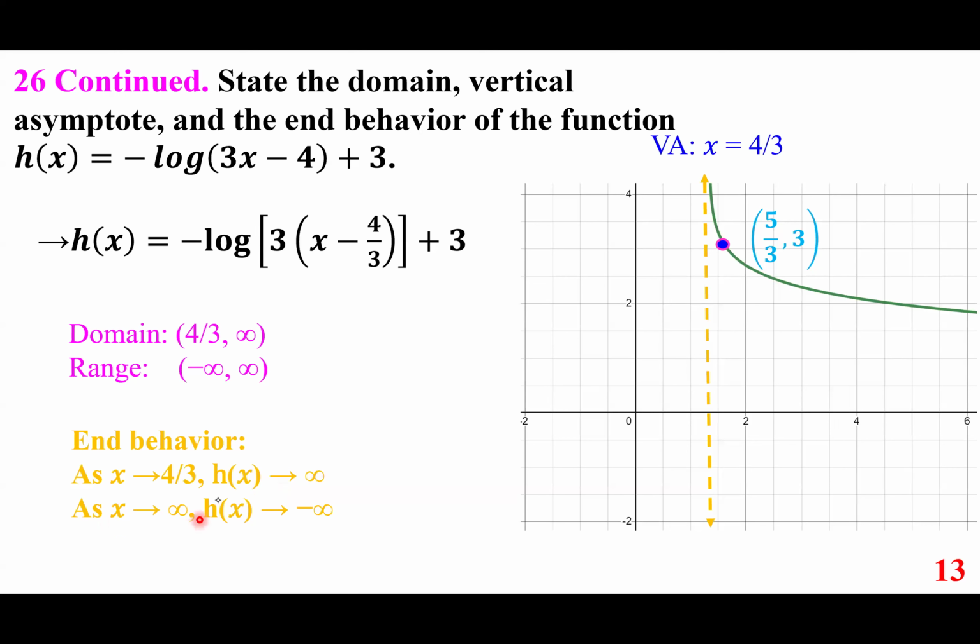As x goes to infinity, y goes to negative infinity. It's going down here. And again, this is really not proper. The proper way of writing it is 4/3 from the right, because the function is not defined to the left. So in calculus, we don't write 4/3, we write 4/3 from the right. This just means to the right of 4/3, a little bit more or larger than 4/3.